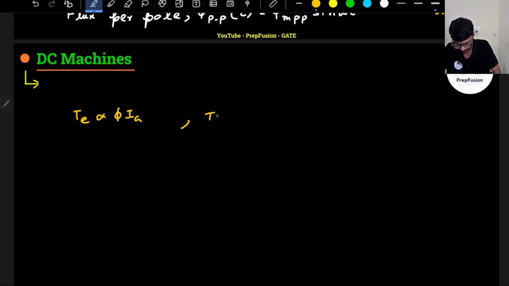So I can write my developed torque as equal to some K into phi m, the peak flux, into the armature current.